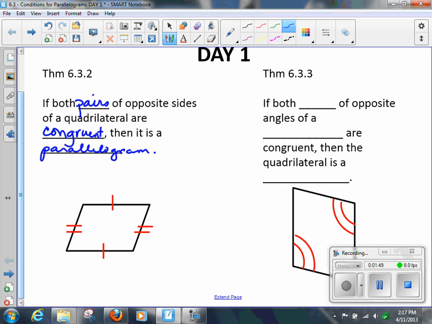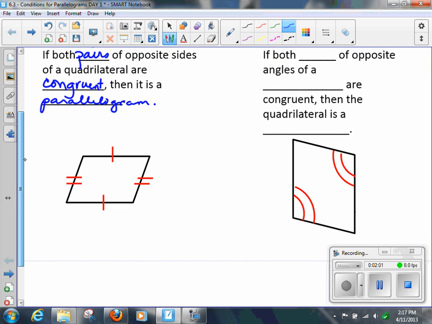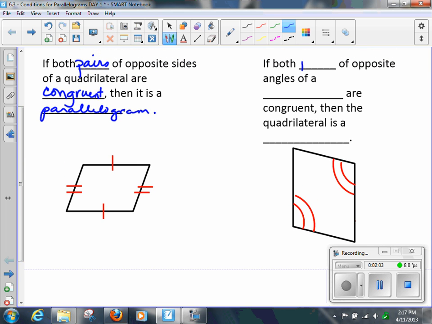Theorem 6.33, and that's there for reference. If both pairs, now look at the picture. If both pairs of opposite angles are what? Congruent, then that quadrilateral has to be a what?